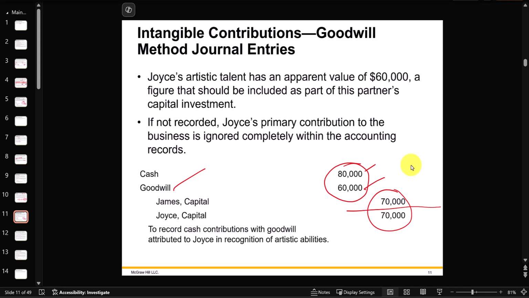Again, this is the goodwill method. You have to record a goodwill asset for that intangible value the partner is bringing in. We'll see this bonus method and goodwill method in our second video when we have an existing partnership admitting a new partner, or an existing partnership with a retiring partner. Again, bonus or goodwill methods.